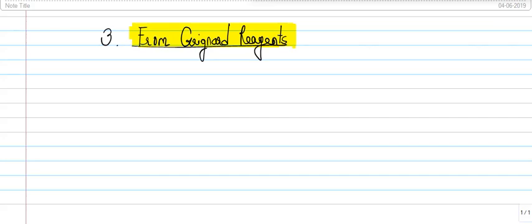So now let us take up the next method of preparing alcohols. This is from Grignard reagents. First of all, what is a Grignard reagent?